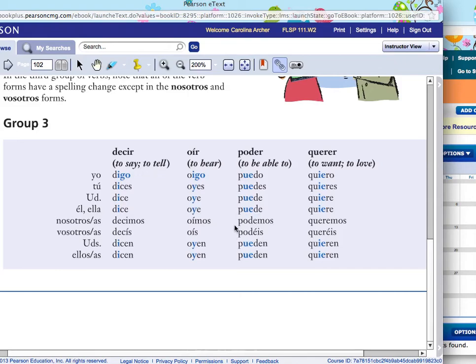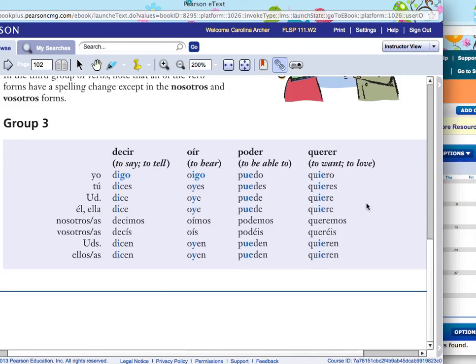Nosotros and vosotros conjugate regularly. Ustedes, ellos y ellas pueden. And querer is a verb that changes from E to IE. Yo quiero, tú quieres, él, ella quiere, nosotros and vosotros conjugate in the regular form. Ustedes, ellos y ellas quieren.